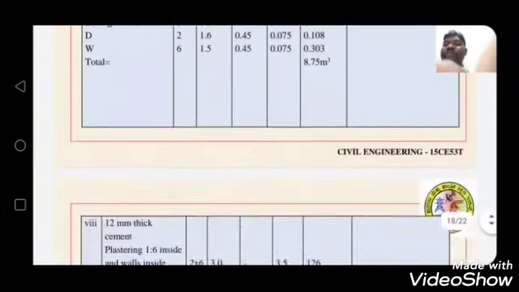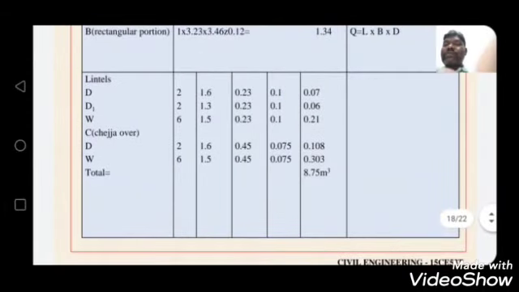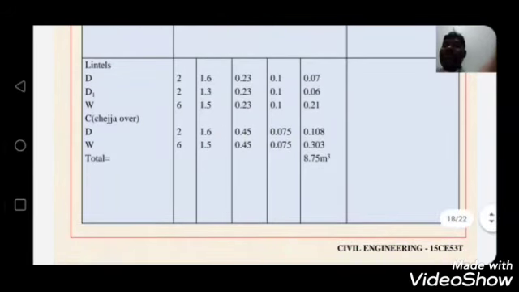Lintel: D is 2 into 1.6 into 0.23 into 0.1. D1 is 2 into 1.3 into 0.23 into 0.1. W is equal to 6 numbers, 1.5 into 0.23 into 0.1. And chajja over D is equal to 2 into 1.6 into 0.45 into 0.075.